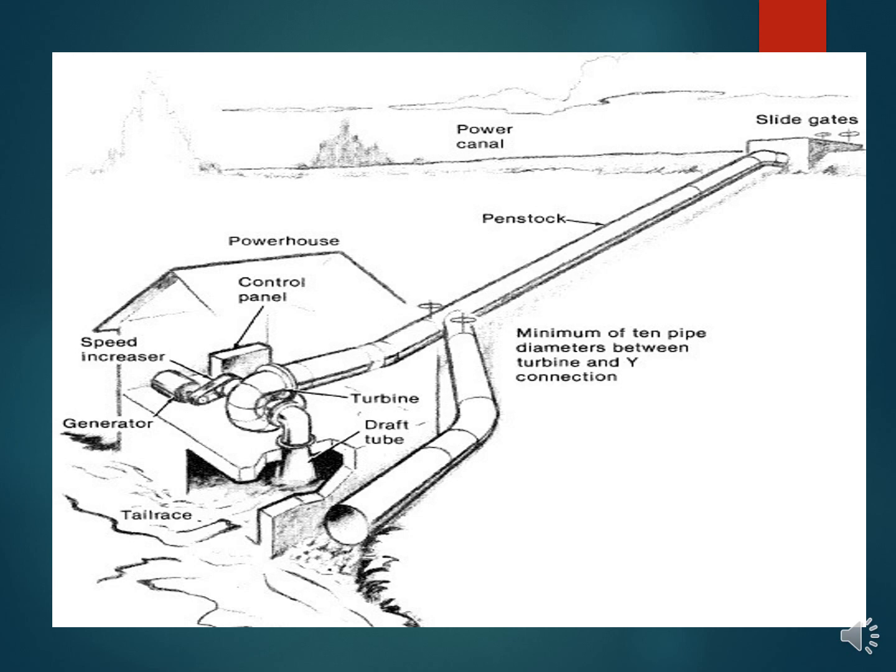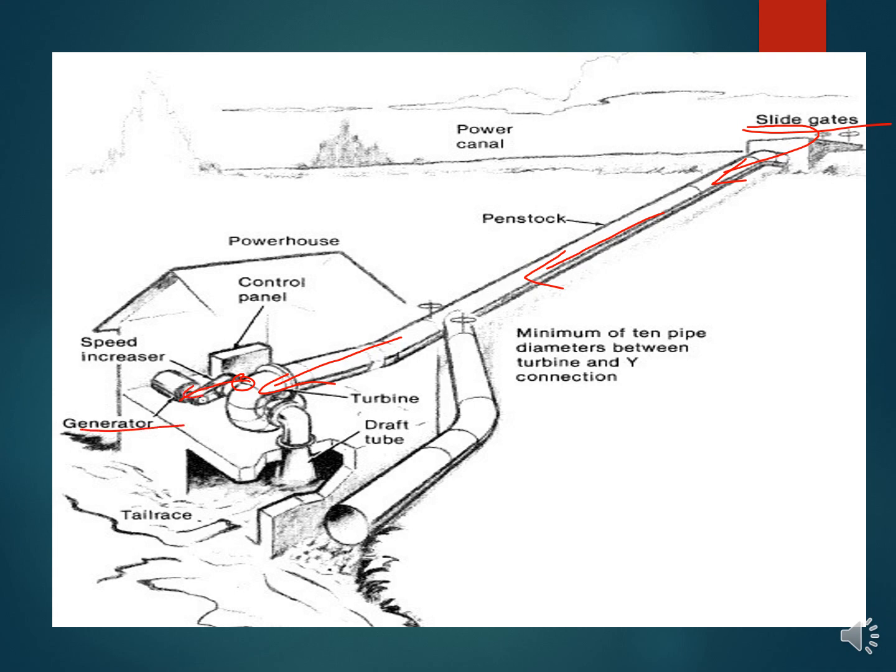A power canal is there. The water is flowing through the canals or rivers. Slide gates are there. The slide gates direct the water from the power canals into the penstocks. The water flows through the penstocks and comes to the inlet of the turbines. The turbines rotate the shaft, and the shaft is connected to the generator.